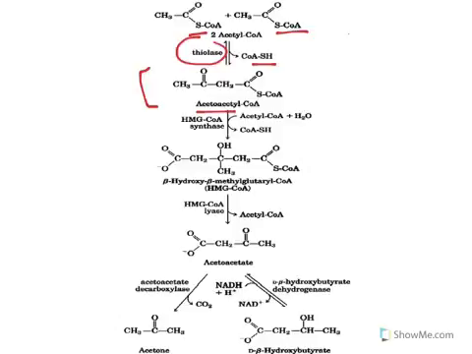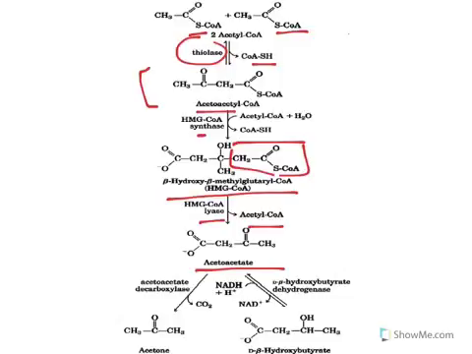Then the acetoacetyl-CoA, under the effect of hydroxymethylglutaryl-CoA synthase, will form beta-hydroxy-beta-methylglutaryl-CoA, and then hydroxymethylglutaryl-CoA lyase will lyse this structure and form acetoacetate.